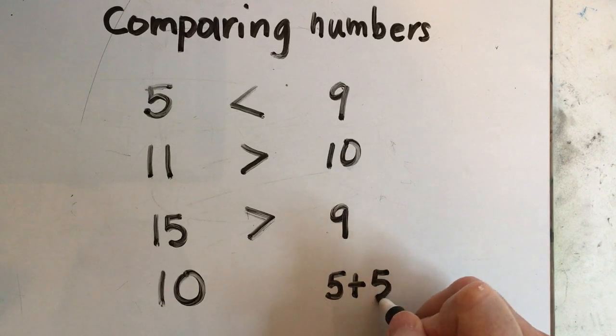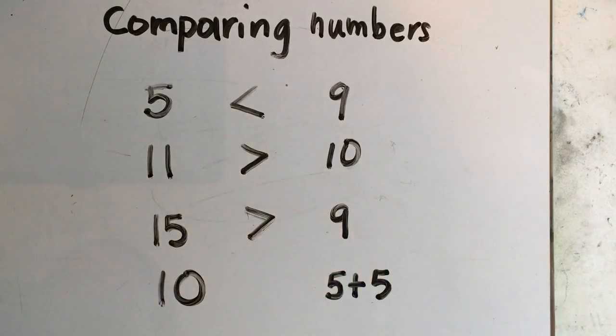Oh, I'm getting tricky. What? Mrs. Bennett, what in the world are you doing putting an addition sentence over there? I don't know. Let's see. All right, so this side is 10. This side is 5 plus 5. So if I wanted to turn that into a sentence, what would I put here in the middle?